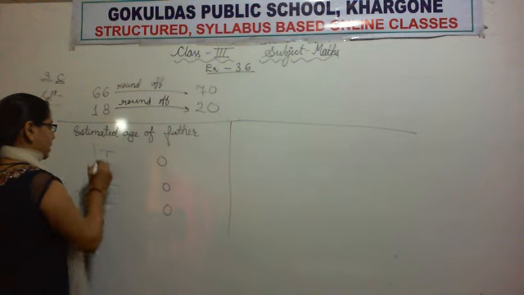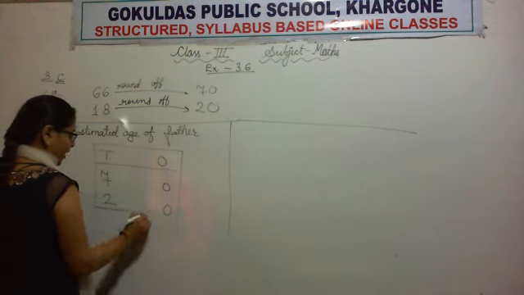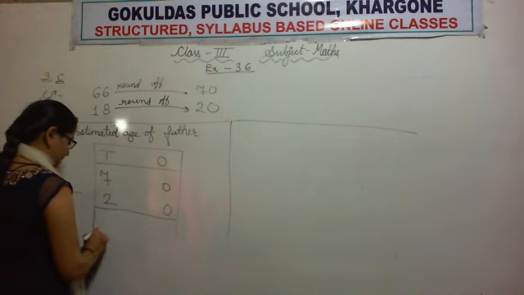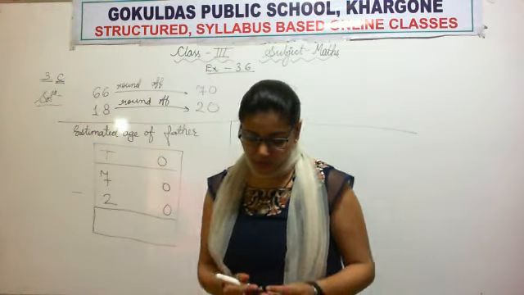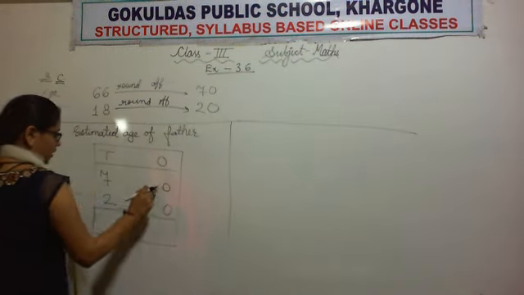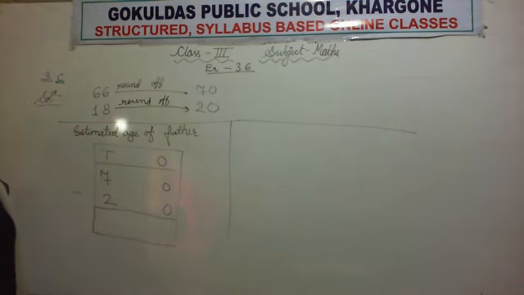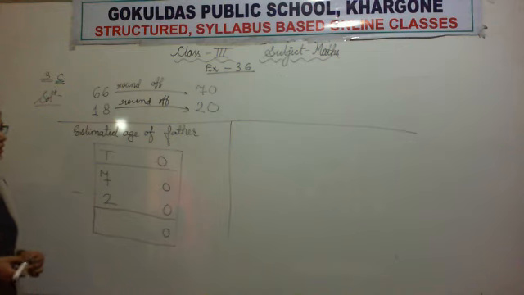Let's subtract them. Subtracting ones from ones and tens from tens. So all of you look at ones place. 0 minus 0 is equal to 0. Very good. Now 7 minus 2.